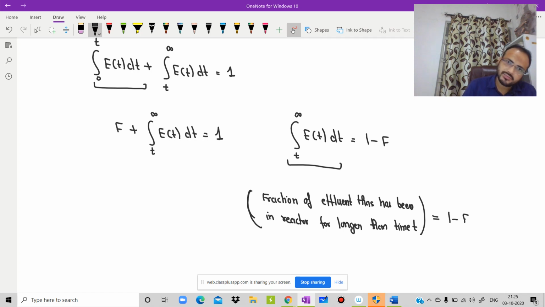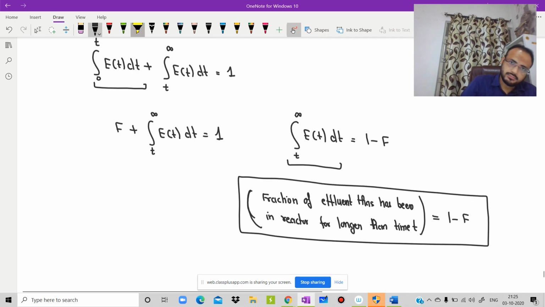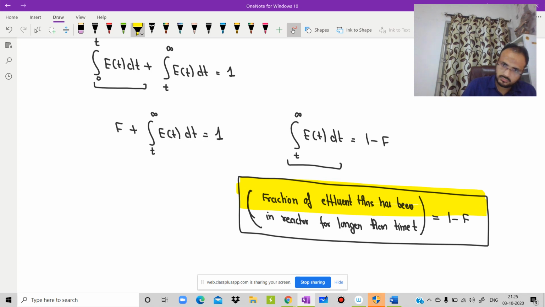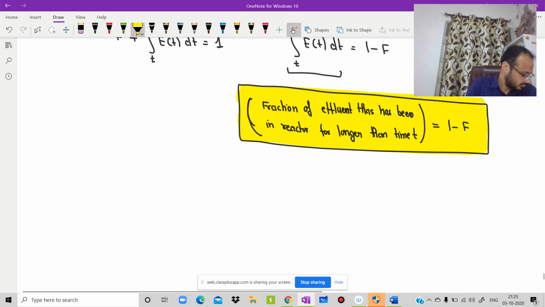It is equal to 1 minus F. I hope there should be no doubt up to this point. And this F of t is known as the cumulative distribution function.